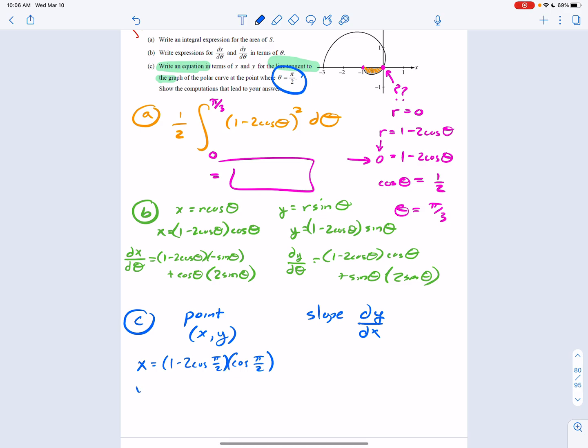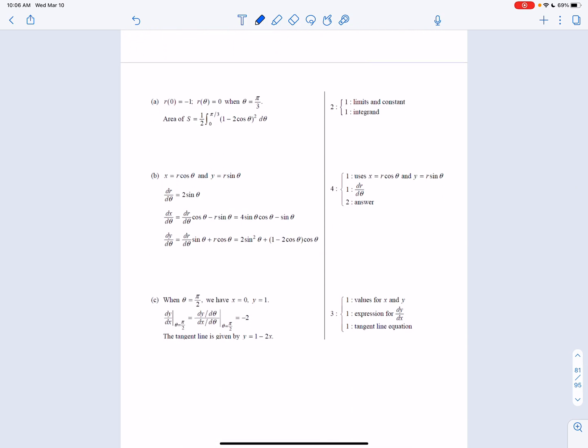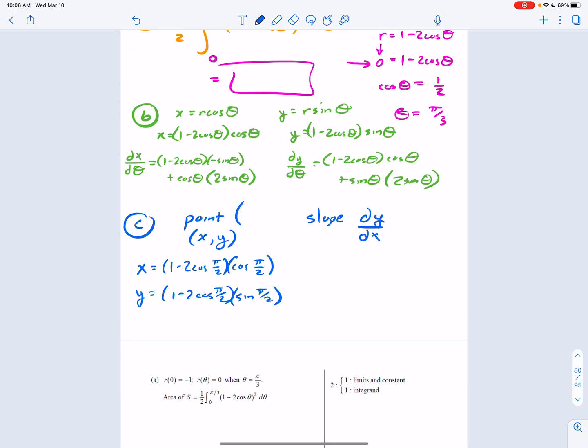And then we're going to do the same thing for y, which is 1 minus 2 cosine of pi over 2 times the sine of pi over 2. Let me cheat a little bit here so that I don't have to evaluate it. X is 0 and y is 1. So our point here is going to be 0, comma 1. So we have a point. All we need is a slope.